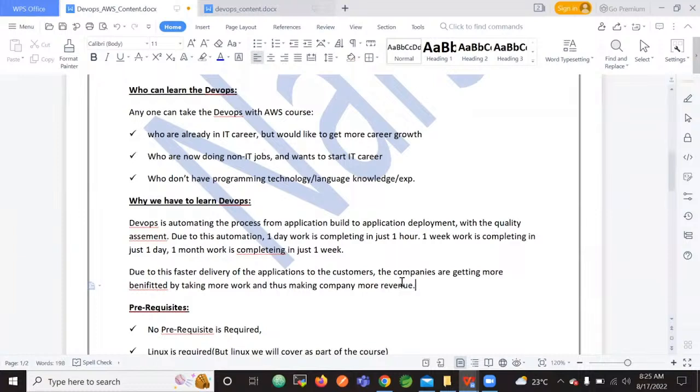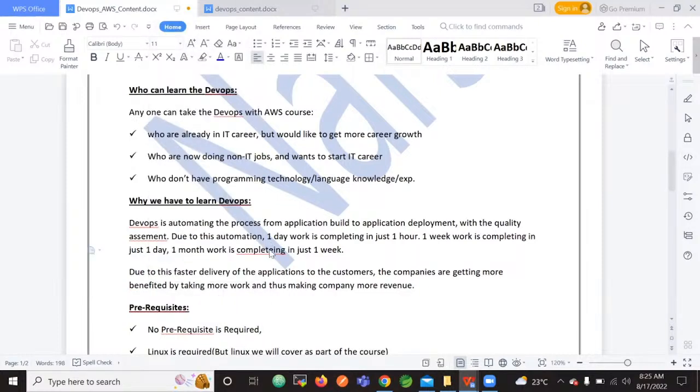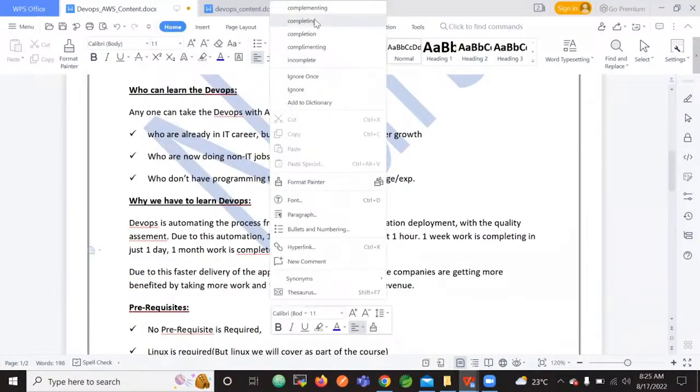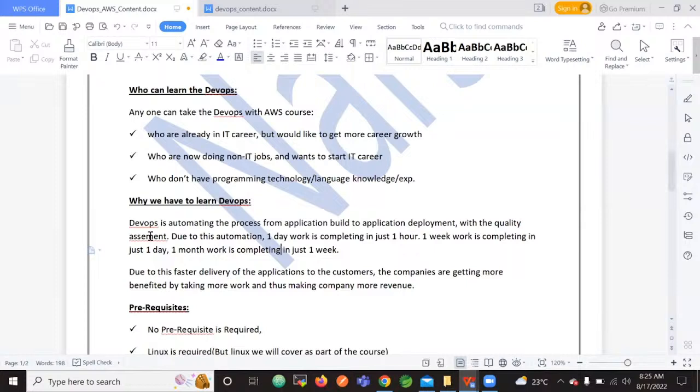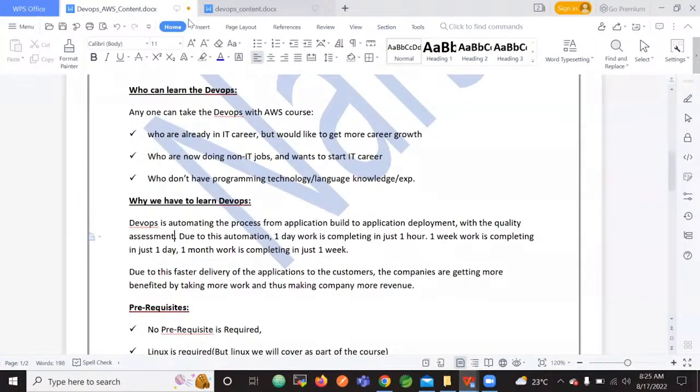You got it, right? Because one day means 8 hours. 8 hours of work we are completing in just 1 hour. What about the remaining 7 hours? We'll get new work for those 7 hours. For that new work, we'll get more money, isn't it?